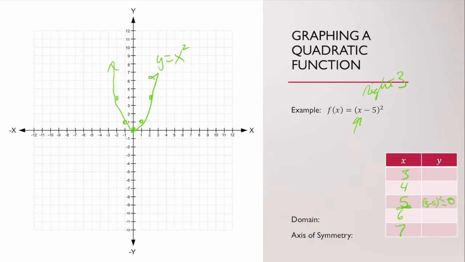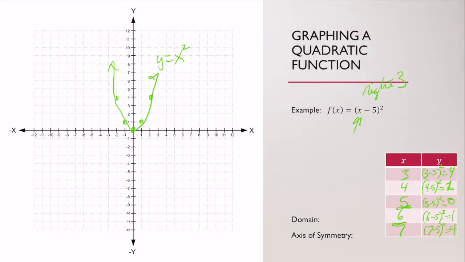If I substitute 4 in, I'd get 4 minus 5 squared, which is negative 1 squared, which is a positive 1. If I substitute in 6, 6 minus 5 is 1 squared is also 1. For 3, I'd get 3 minus 5 squared, which is negative 2 squared, which is 4. And I'd also get a 4 over here, right? Because we've got some symmetry going on.